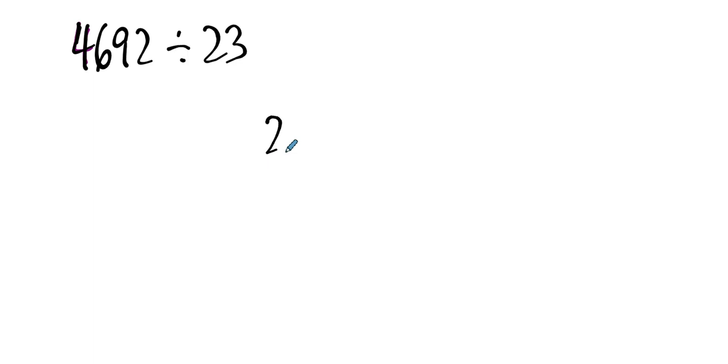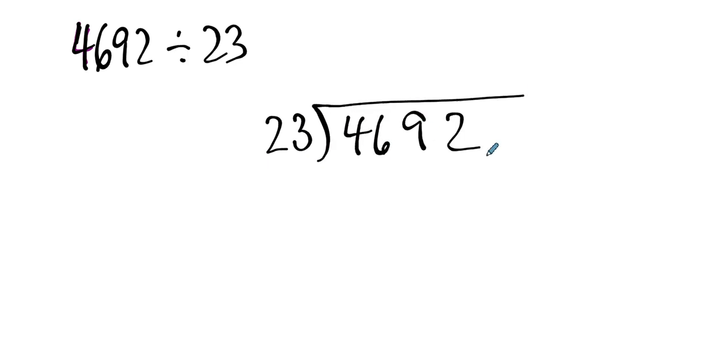So let's just try 4,692 divided by 23. It's the same idea where we say to ourselves that 23 doesn't go in a 4, but it does go in a 46.